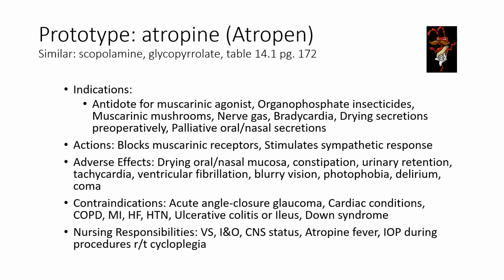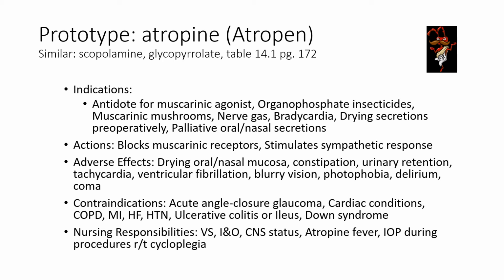So if you have a history of angle closure glaucoma, then you wouldn't use an atropine type compound because it'll dilate the pupil, the iris will bunch up against the corners of the eye and it'll obstruct the outflow of fluid within the eye and lead to very high pressures.